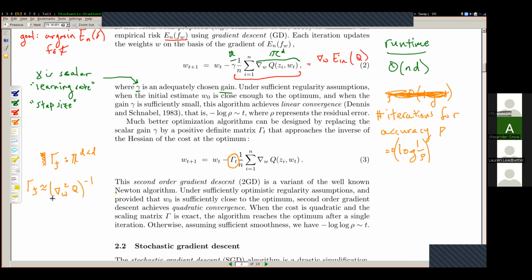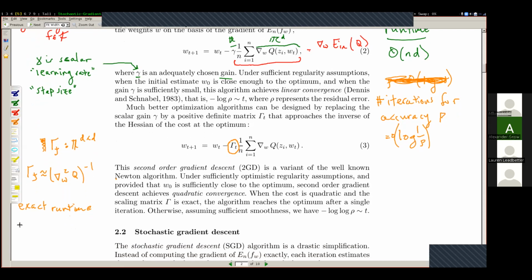In general, if we were to exactly compute this right here, the exact runtime is going to be O of n d squared plus d cubed. The d cubed comes from the fact that we're doing an inverse operation right here.